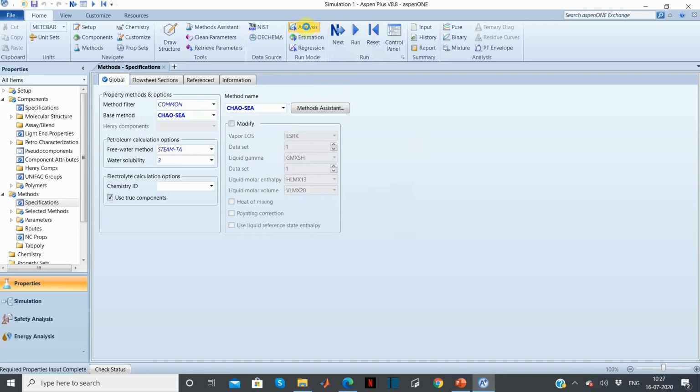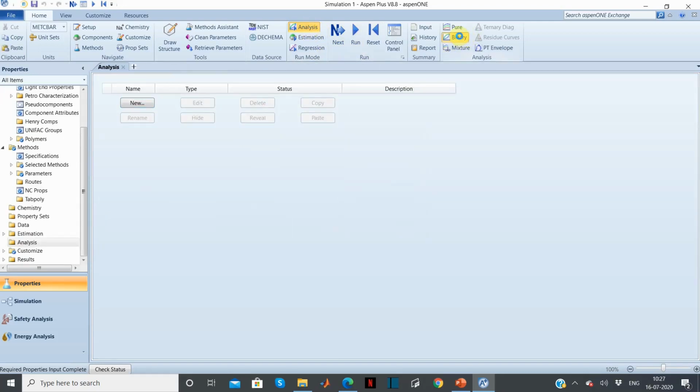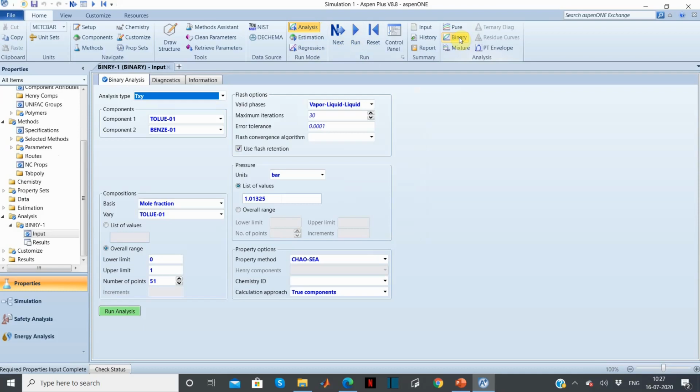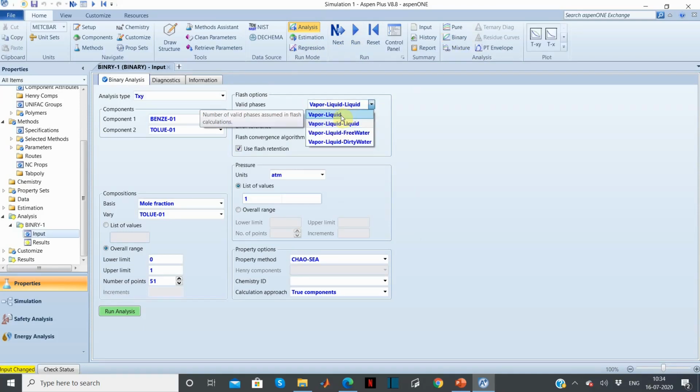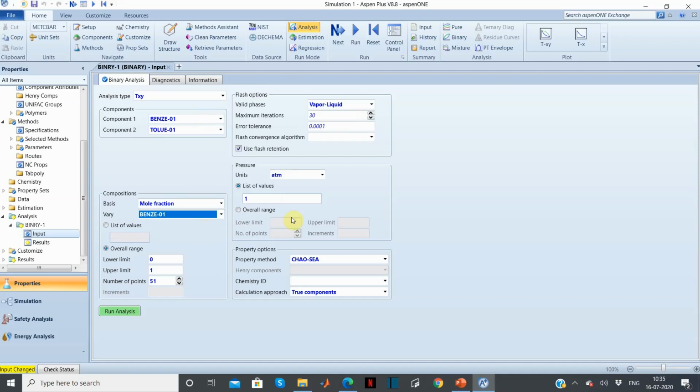You have to click on analysis, then go to binary. The valid phases are vapor and liquid. We are taking the basis as mole fraction and we will vary benzene. The value of pressure will be in atmosphere and it is 1.